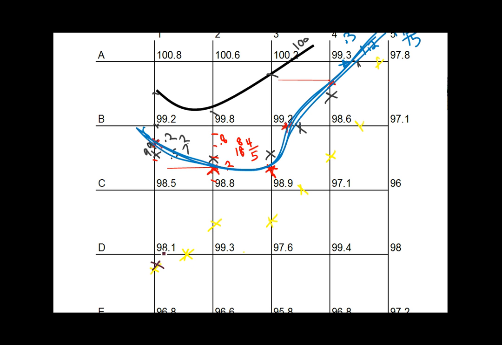And then it's going to be 98.1 and 99.3, so it's going to be real close to here. And then here, 0.8, 0.5, a bit closer to here. And then 90.